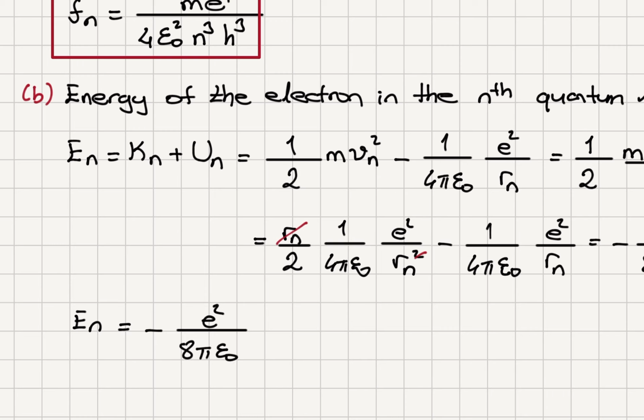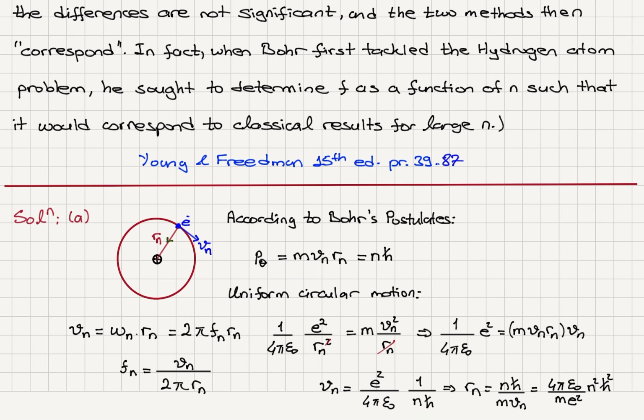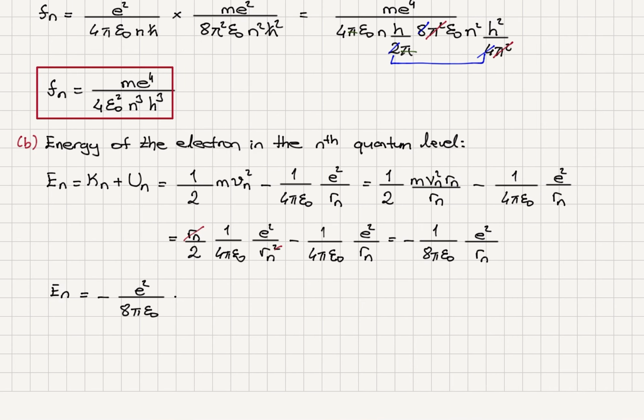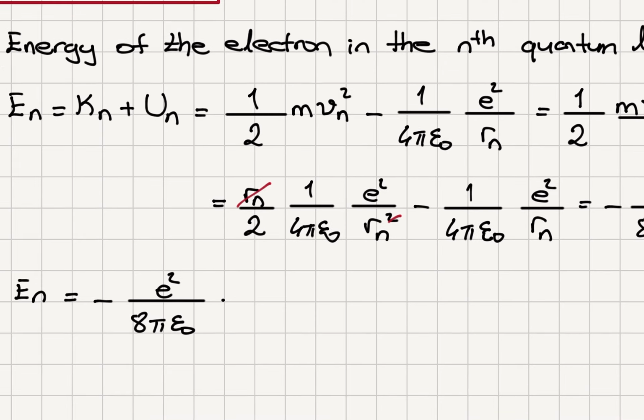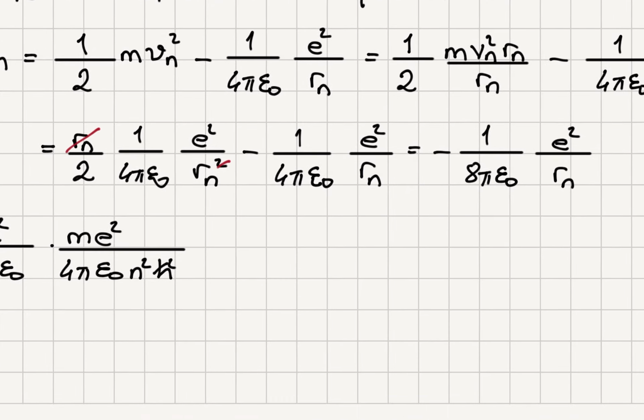And for 1 over r n, we're going to substitute the result we found in part A, 4 pi epsilon 0 over m e squared n squared h bar squared. So this will give us m e squared divided by 4 pi epsilon 0 n squared h bar squared. So we have substituted for 1 over r n here.